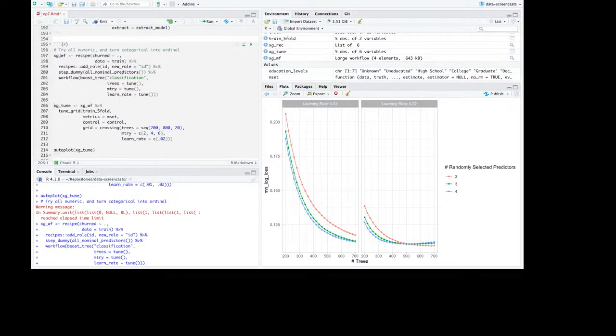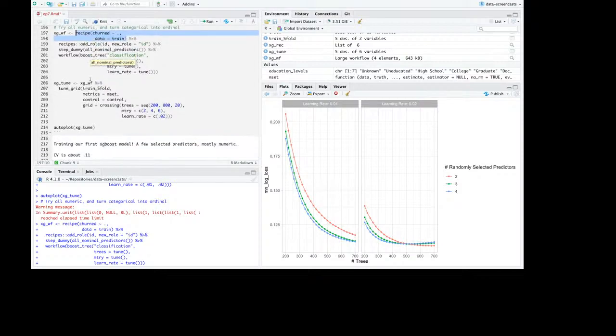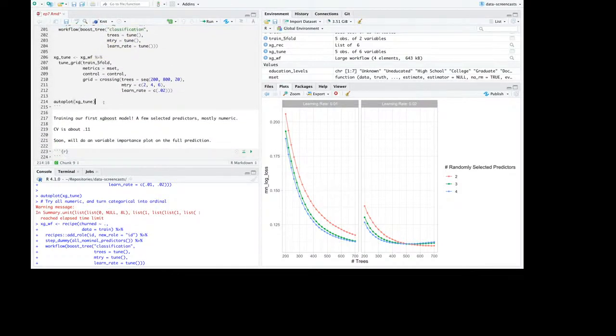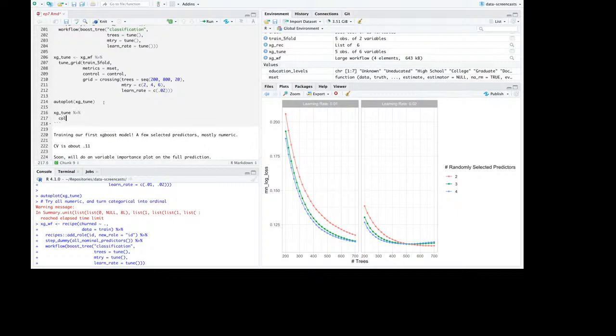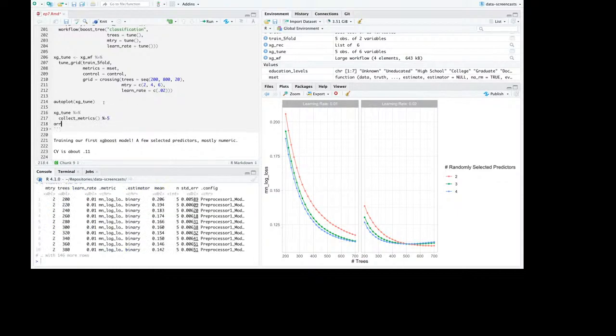Wow. Trial numeric, and let's say CV is, what was the binary log loss, 0.11. CV log loss is about 0.11, and let's do it.